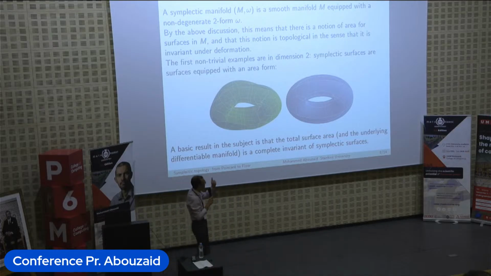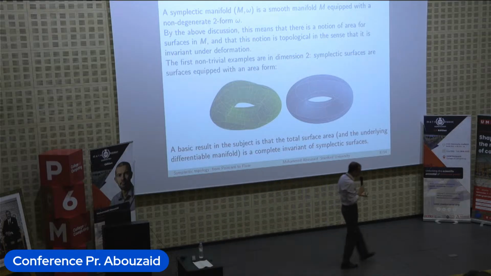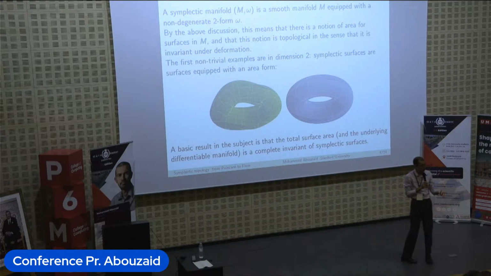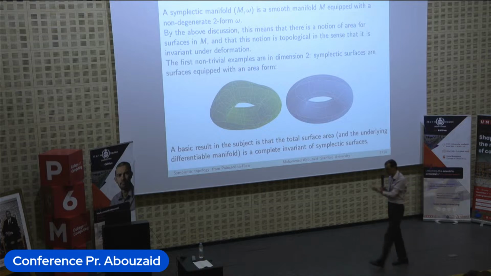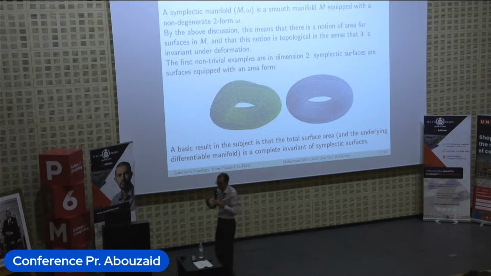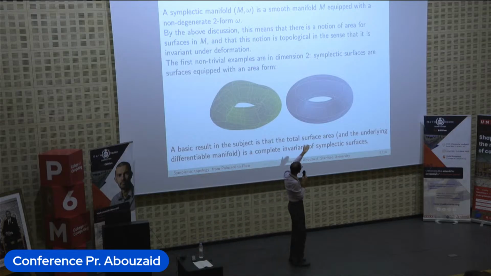You can integrate the 2 form on surfaces, and the simplest setting would be if you just assume that the manifold is dimension 2. If you have a manifold of dimension 2 and it has an area form, you have a notion of being able to figure out how big things are in terms of volume, but really 2-dimensional volume, then you have a symplectic manifold. And so this picture on the right is a symplectic manifold.